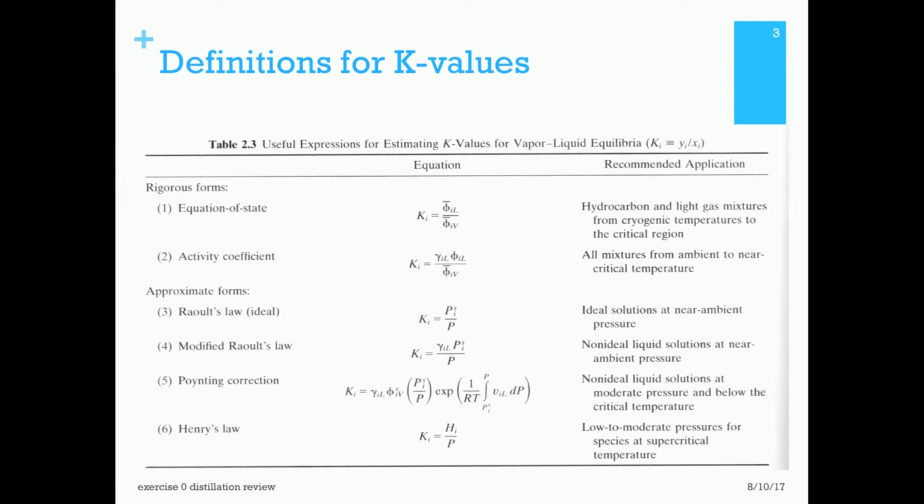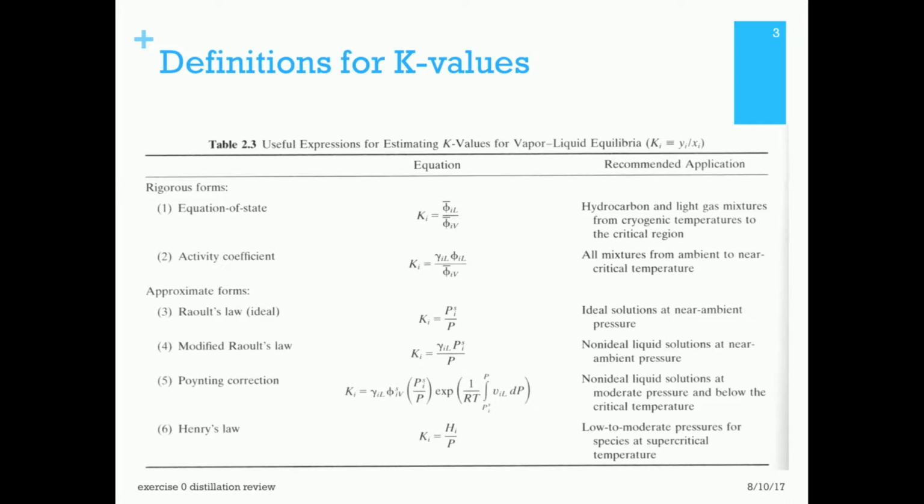ChemCAD and other process simulators will solve multi-component distillation systems and other separation systems using K values. K values can be based on equations of state or activity coefficients. If we have hydrocarbon streams and light gas mixtures, we often use equations of state. If we have other systems which are very non-ideal, we may use activity coefficients.